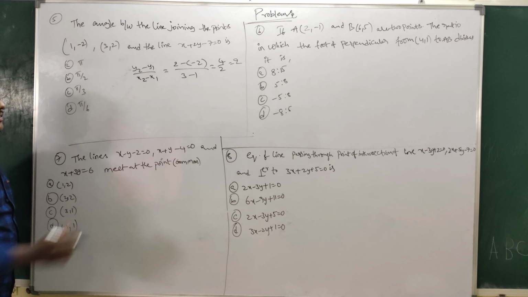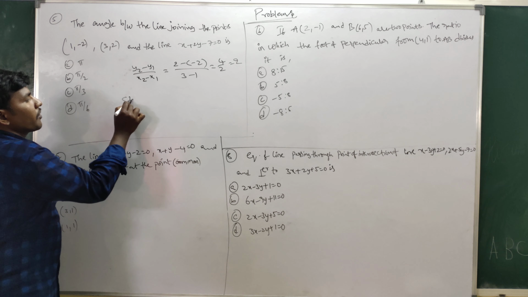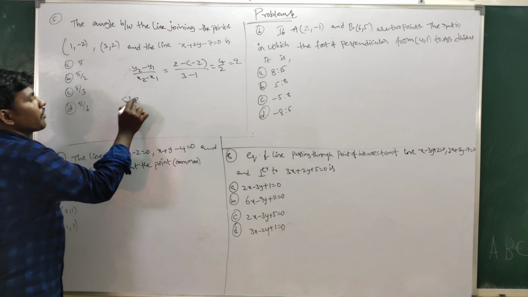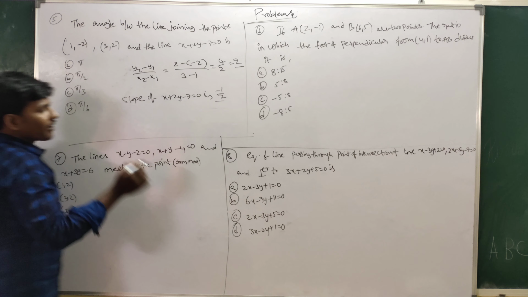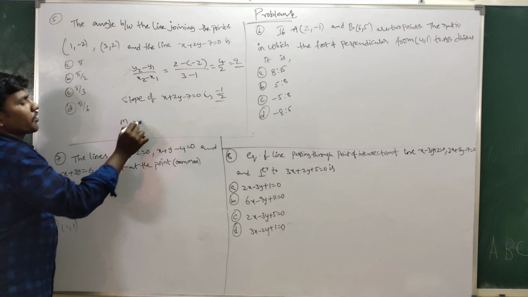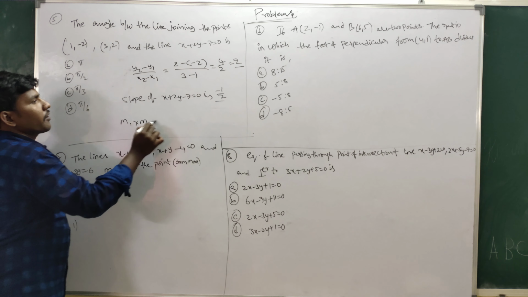Slope of the given line is minus a by b, minus 1 by 2. Here we observe m1 equal to 2, m2 equal to minus 1 by 2. The product of two slopes m1 into m2 equal to 2 into minus 1 by 2 is equal to minus 1.